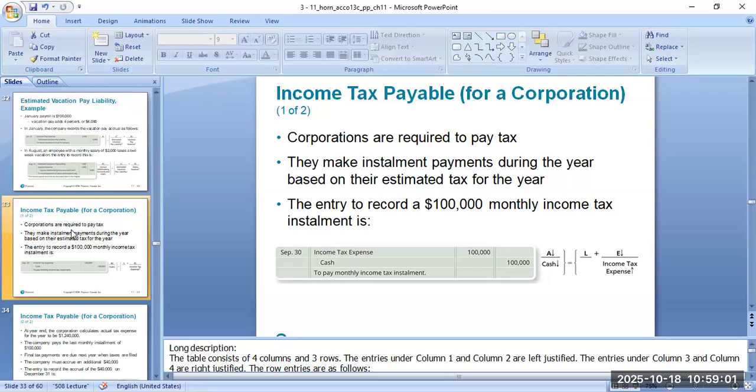Well, the idea is that corporations exist to earn money, meaning to generate income. And once the corporation generates positive income, naturally the next year, that income most likely will increase.